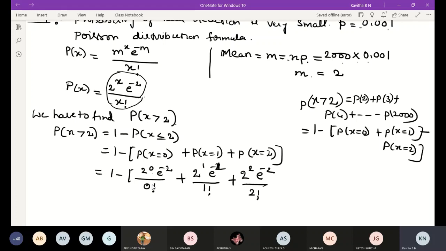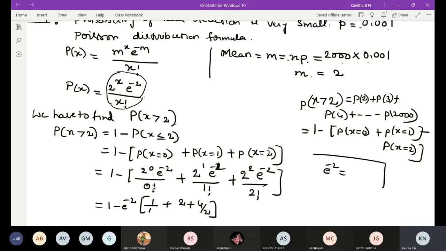Then take e to the power of minus 2 common: 2 to the power of 0 is 1 by 1, 2 by 1, then 4 by 2. E to the power of minus 2 value, use the calculator and tell me.